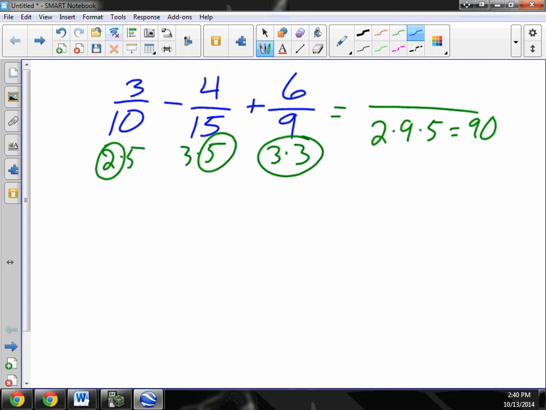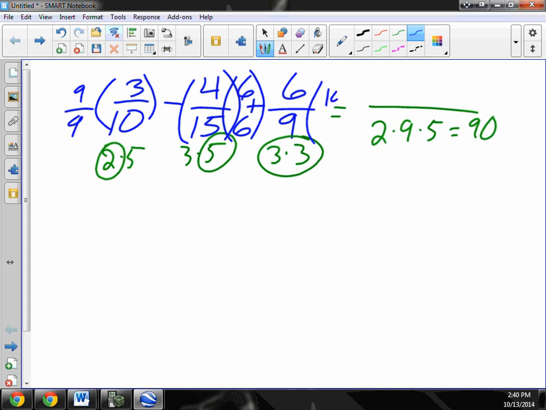What is my first fraction missing? It's missing a 3 squared, so 9. What's my second fraction missing? A 2 and a 3, so a 6. And what is my last one missing? A 2 and a 5, so it's a 10. So I end up with 27 minus 24 plus 60.